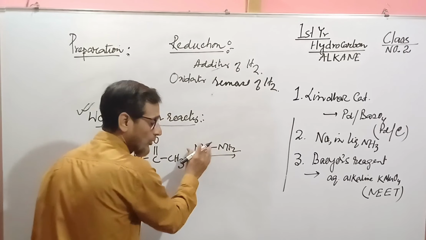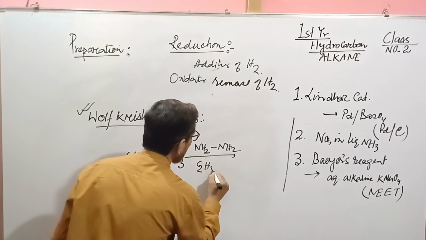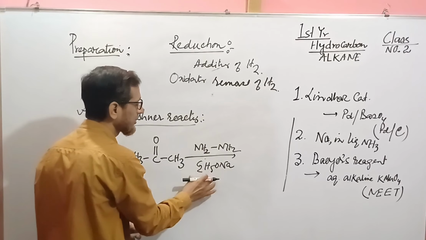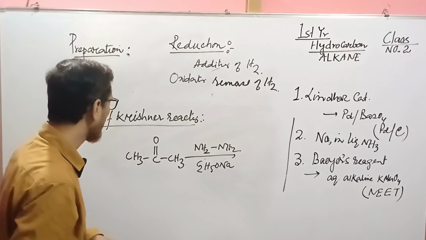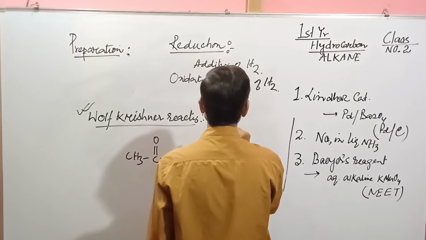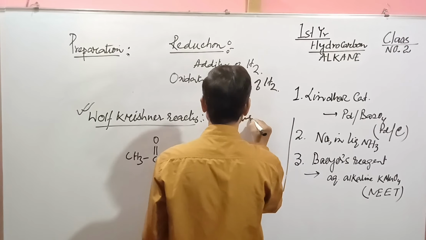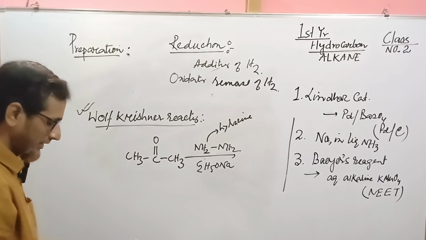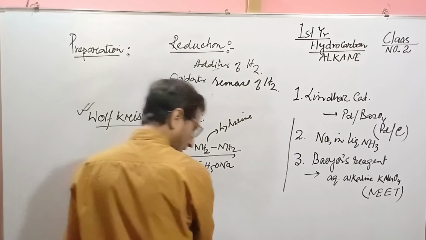You can use glycol or C6H5ONa, either glycol or C6H5ONa, anything. So it is hydrazine. Hydrazine. Am I right? You will find your answer again. I am not showing you the mechanism.